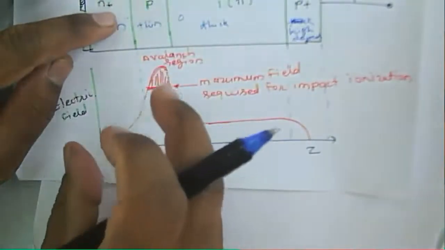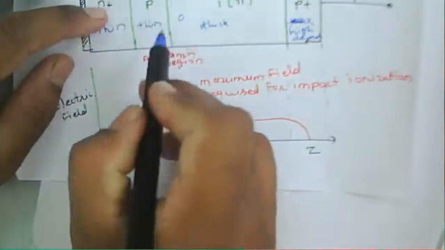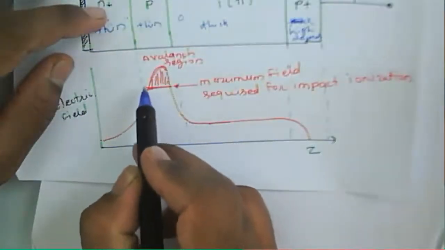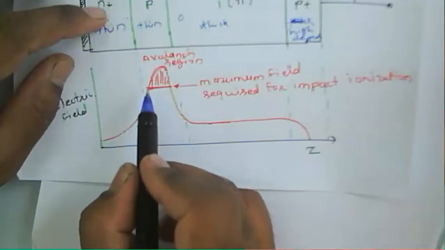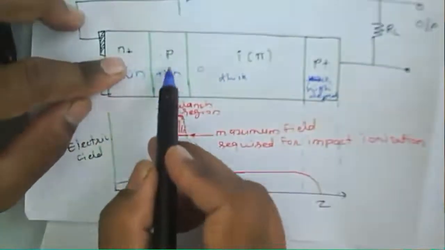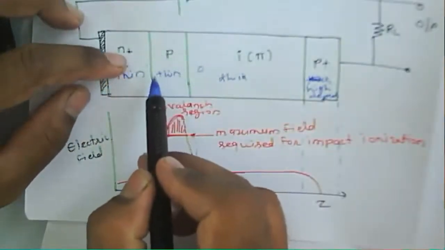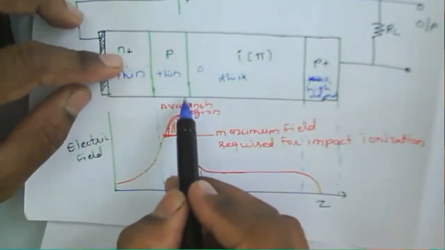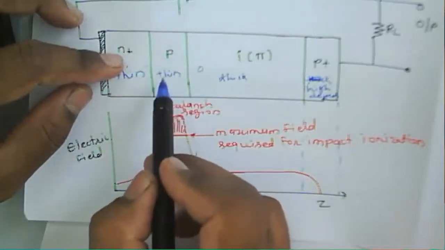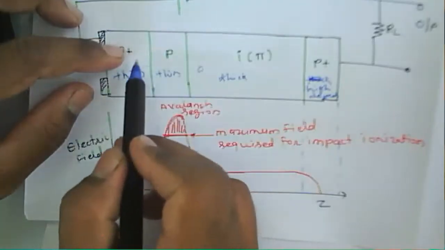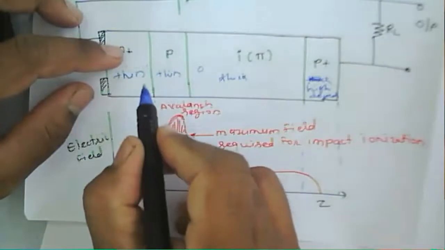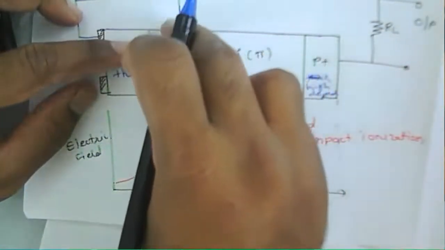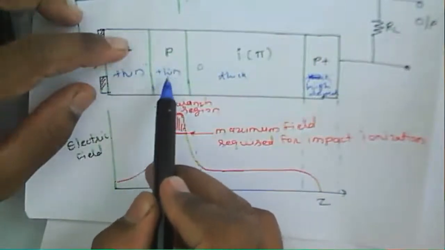Now these electrons again cause further impact ionization in this particular region because of this high field, and then release more electron hole pairs in this region. So a larger number of electrons and hole pairs are generated, and this chain, or this process, is called the multiplication process of the electron and hole pairs in this particular region.